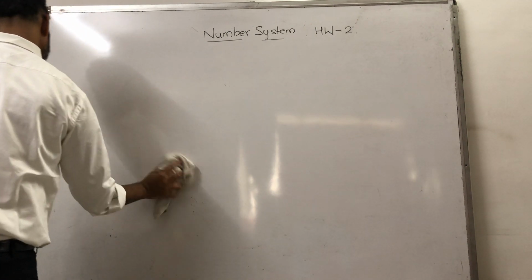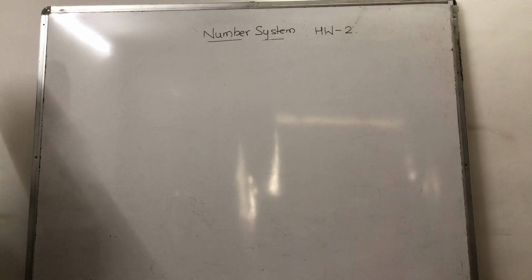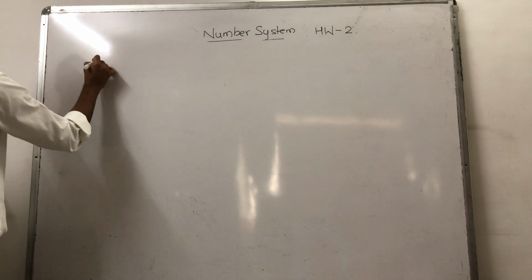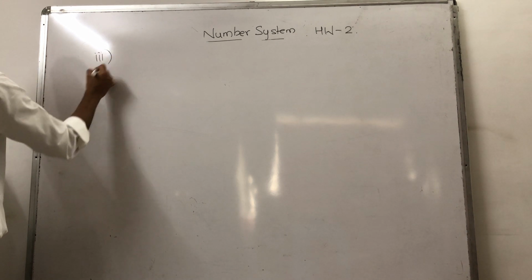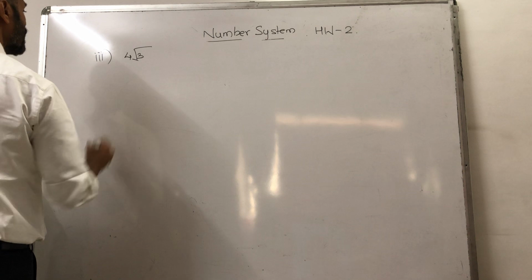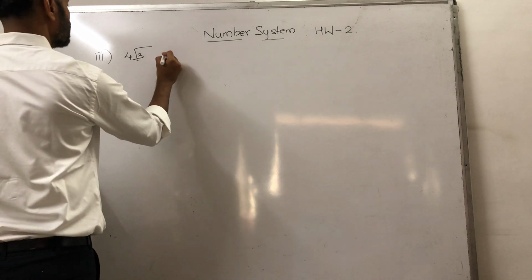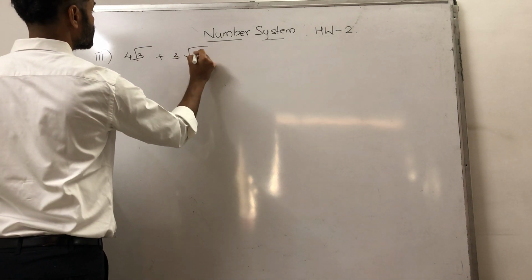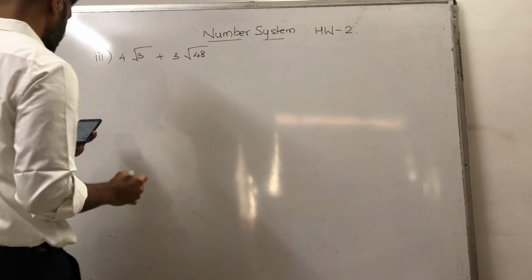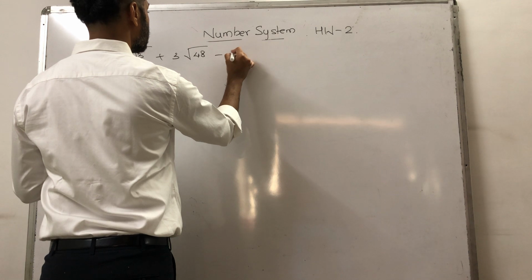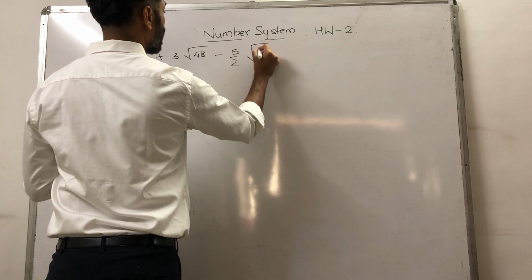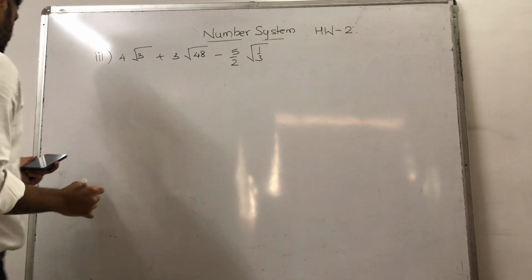Let's look at the third question of question number 9. The third question is 4 times square root of 3 plus 3 times square root of 48 minus 5 by 2 times square root of 1 by 3.